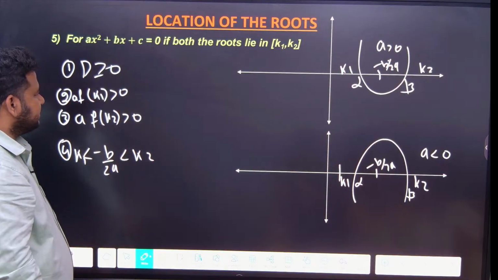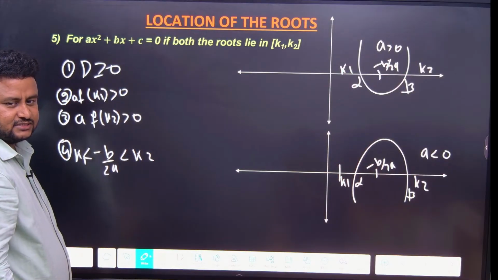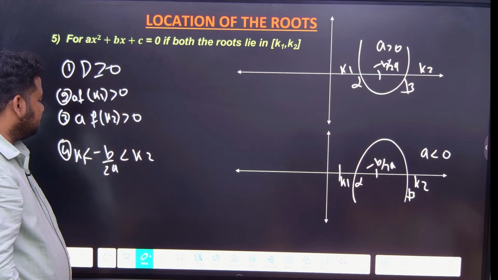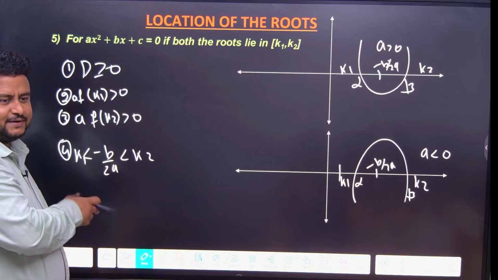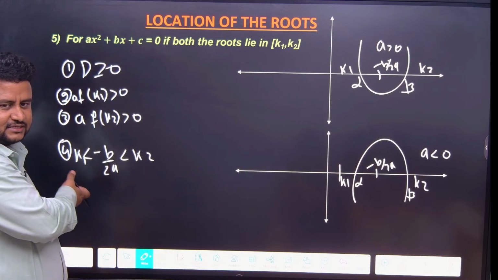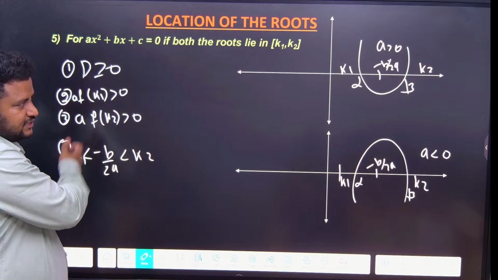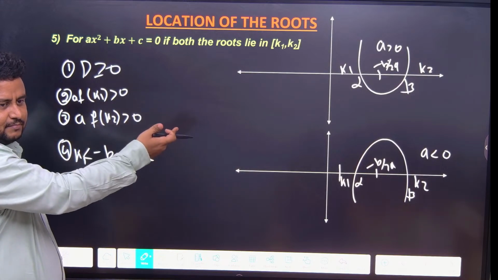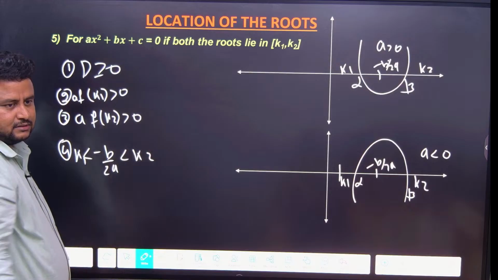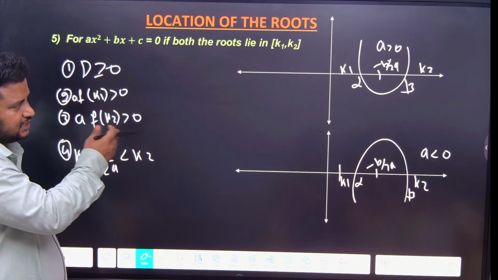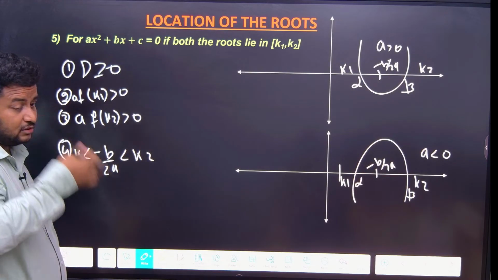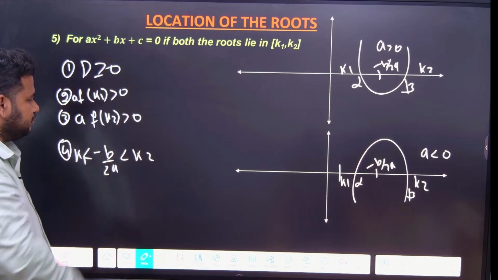So D is greater than or equal to 0, A into f of k1 is greater than 0, A into f of k2 is greater than 0, and minus b by 2a is lying between the two values, k1 and k2. K1 is this side, k2 is that side, and between them is minus b by 2a. Not exactly at the middle, but it is lying between k1 and k2. Got it? This one you have to write down.